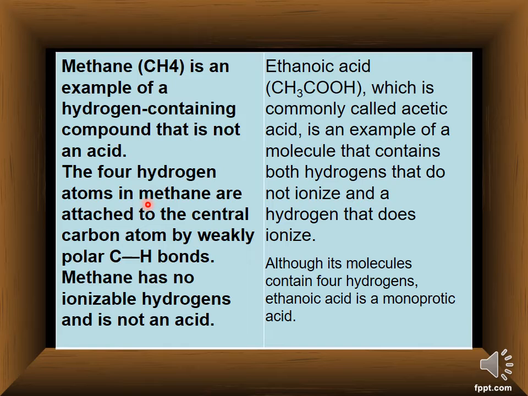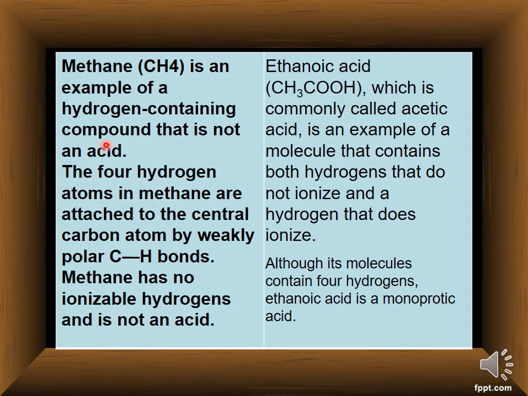The 4 hydrogen atoms in methane are attached to the central carbon atom by weakly polar C-H bonds. Methane has no ionizable hydrogen and it is not an acid.